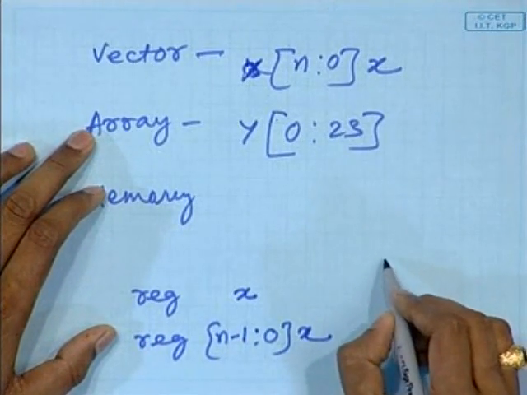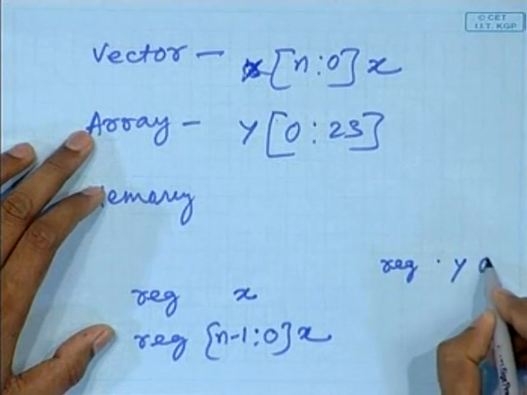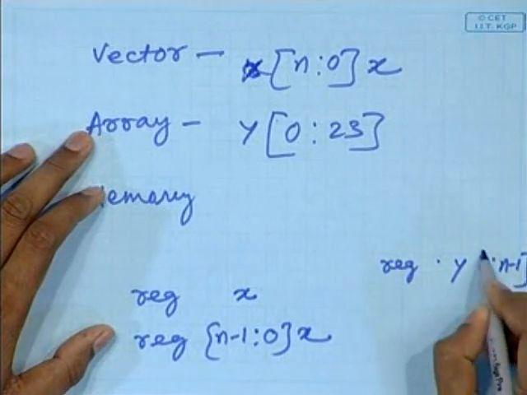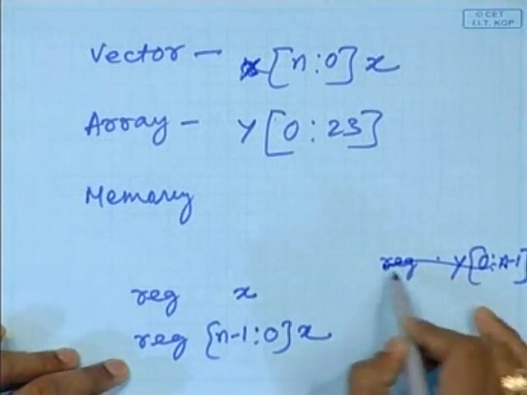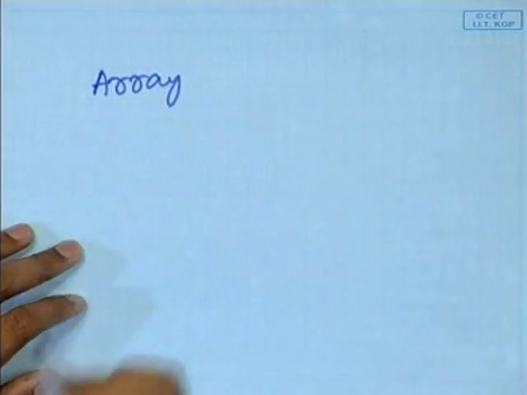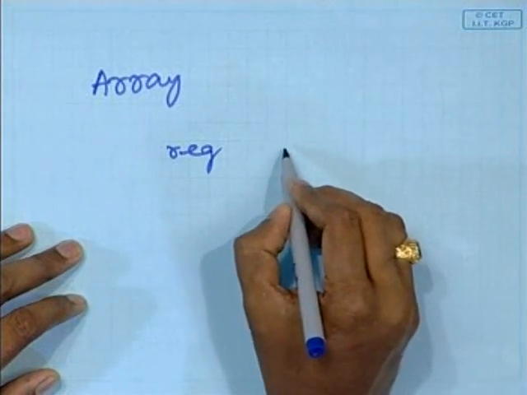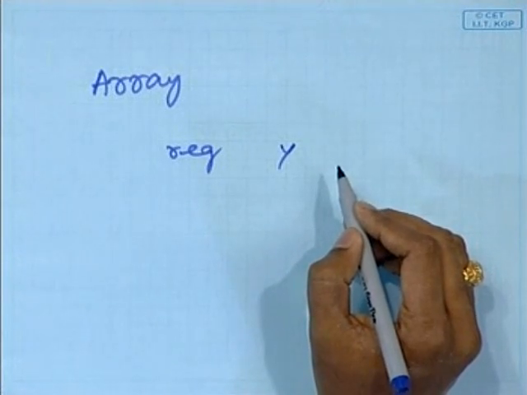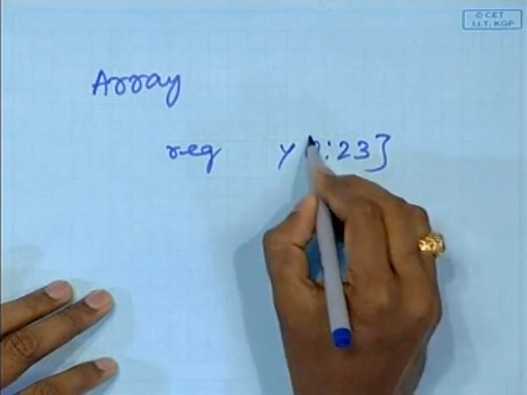Similarly, an array is like that. If you declare a variable y, say 0 to n minus 1, then n elements are there. Say I declare a register array named y having, for example, 24 elements, so I declare 0 to 23, right?